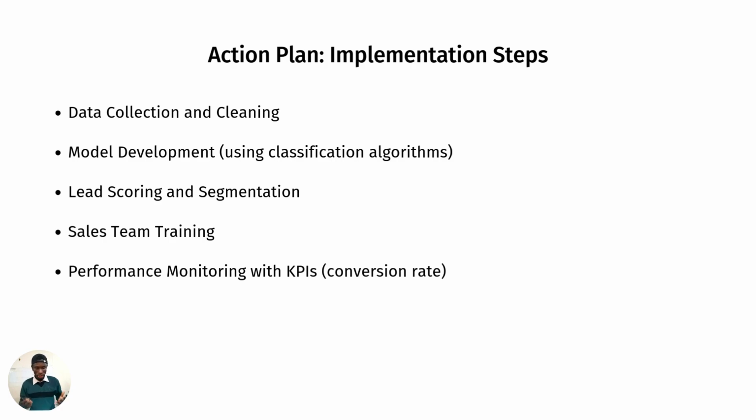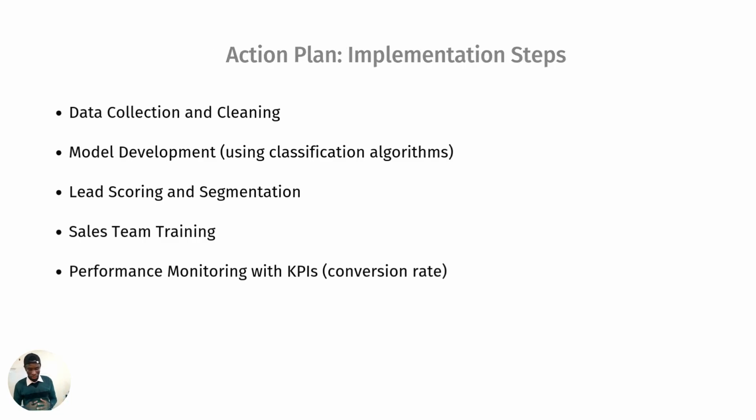Once we're done with that, we also include performance monitoring. We'll set up the different KPIs that we'll be tracking through this entire process, and tracking that will ensure that as time goes by, we're able to improve our model and so on.